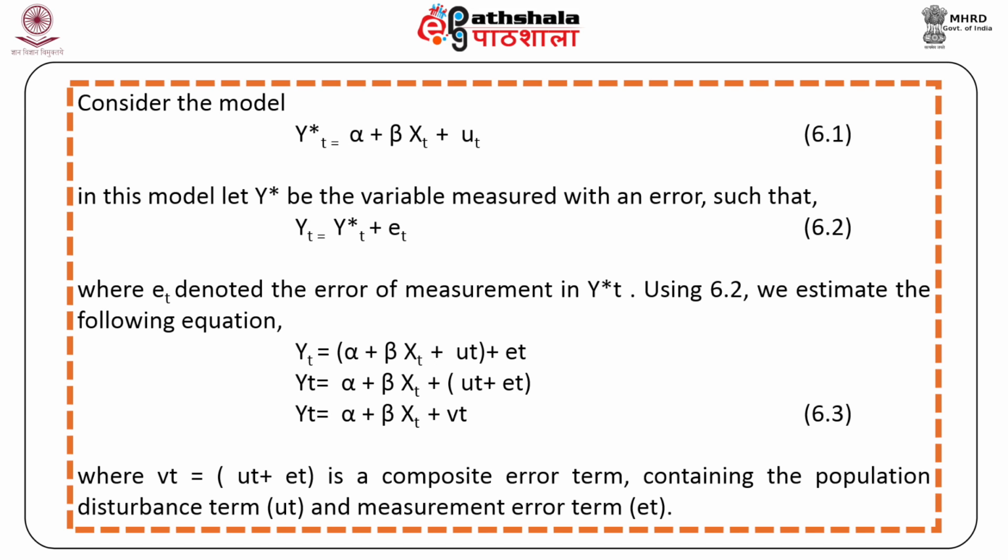Using the above, we estimate the following equation: Yt is equal to alpha plus beta xt plus (mu t plus et), so Yt is equal to alpha plus beta xt plus vt, where vt is equal to mu t plus et is a composite error term containing the population disturbance term mu t and measurement error term et.